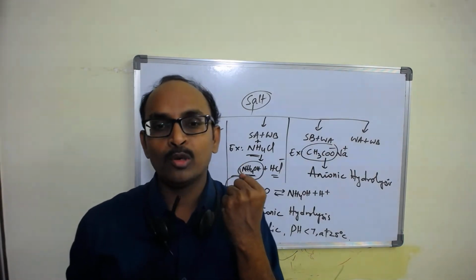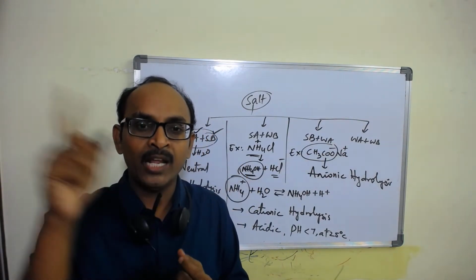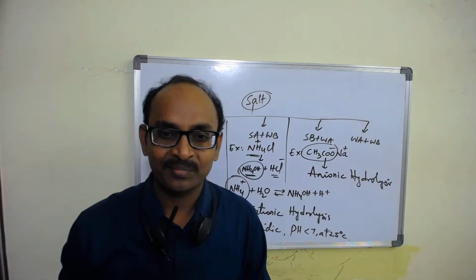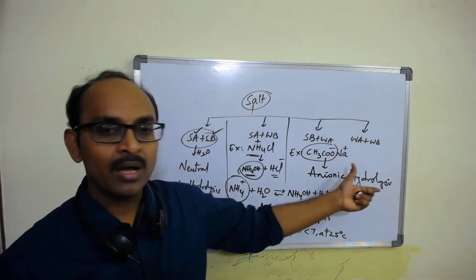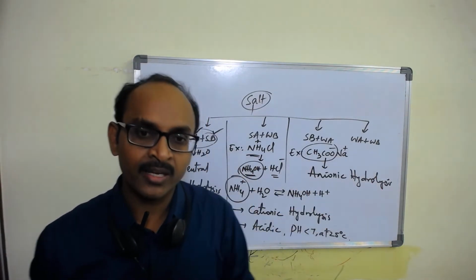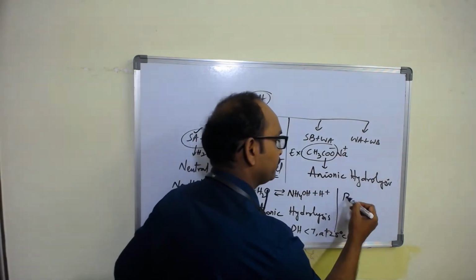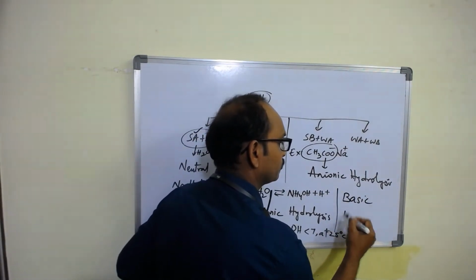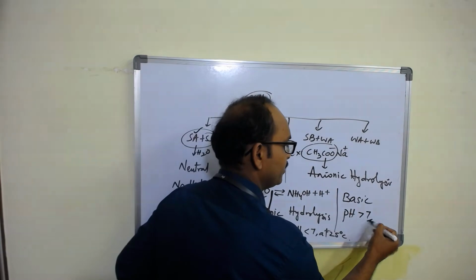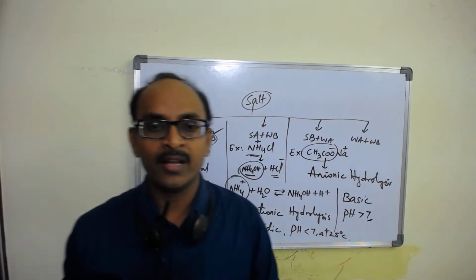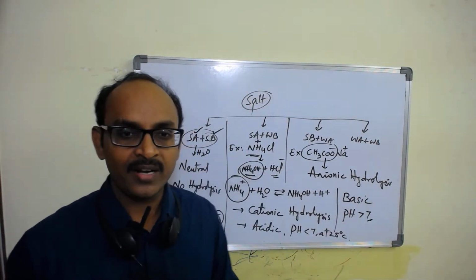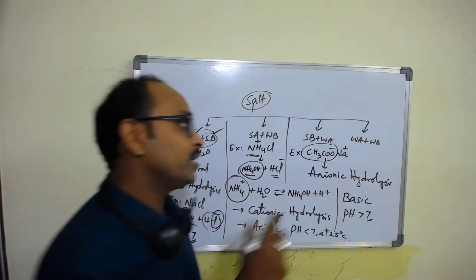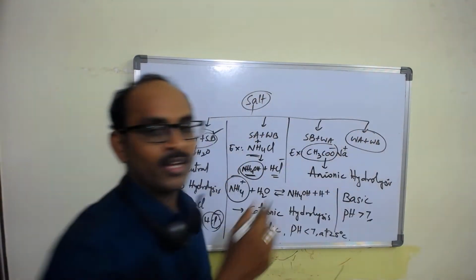It will take the positive part of water, H plus, and leaves OH minus into the solution. That's why the solution will become alkaline or basic in nature, and pH will be greater than 7 at 25°C, right?